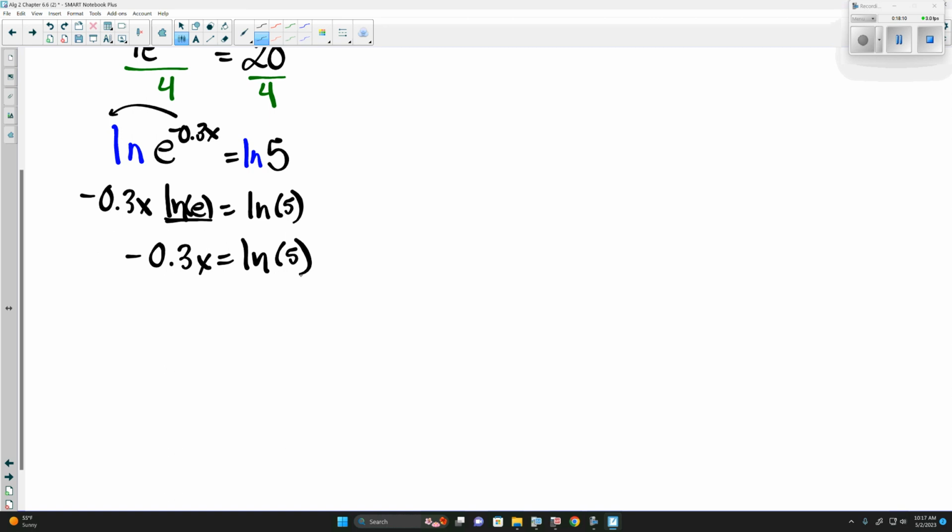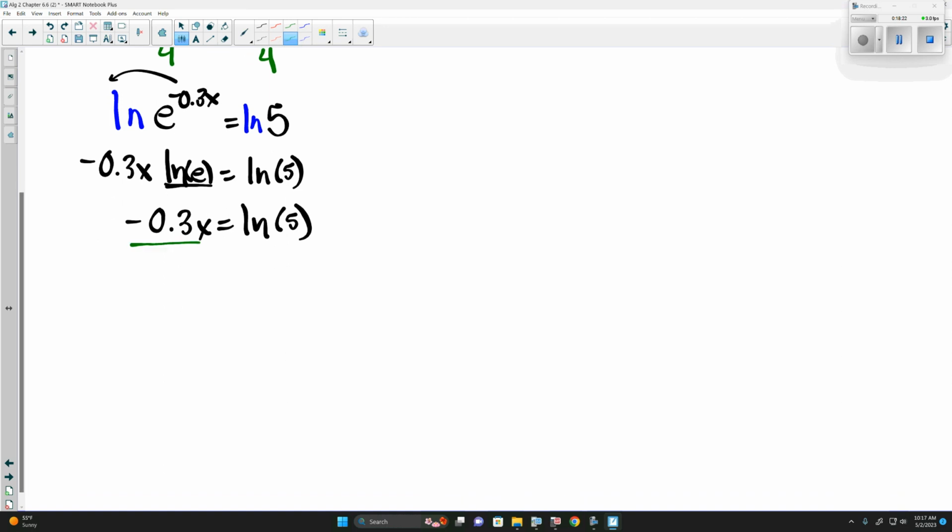Questions on any of this here? Last but not least, x is not by itself, so we have to divide both sides by negative 0.3, telling us x is equal to the natural log of 5 divided by negative 0.3. Any questions on this here?